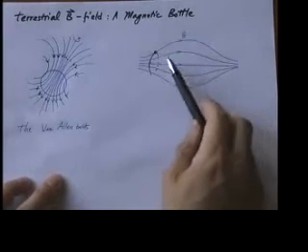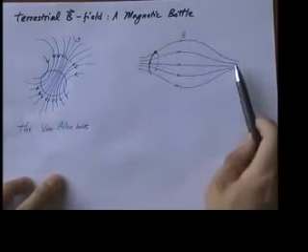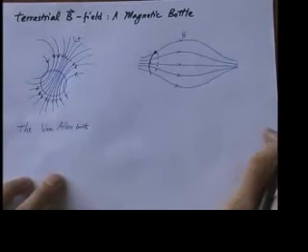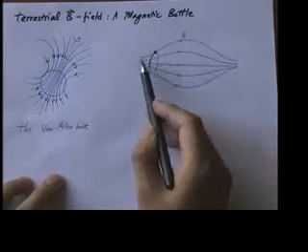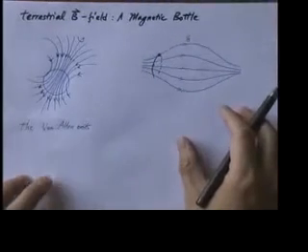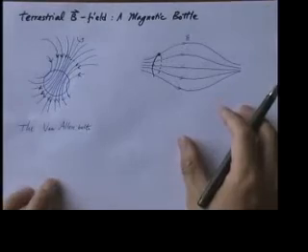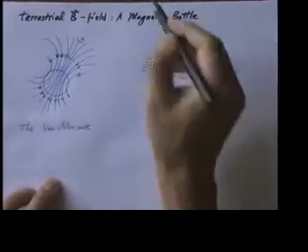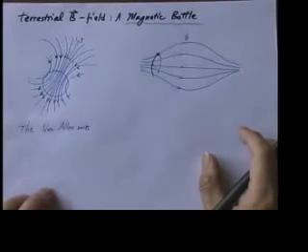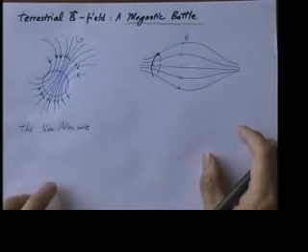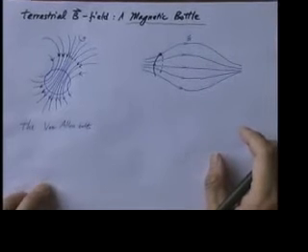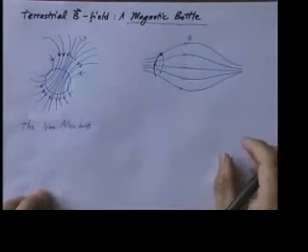It's like a bottleneck. Here's another bottleneck. What can we say about a magnetic field distribution like that? Well, it turns out this has important consequences. This thing is called a magnetic bottle. The magnetic bottle produced by the Earth's magnetic field is of pivotal importance in shielding us from cosmic radiation.